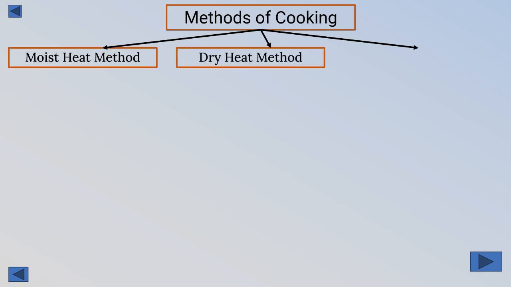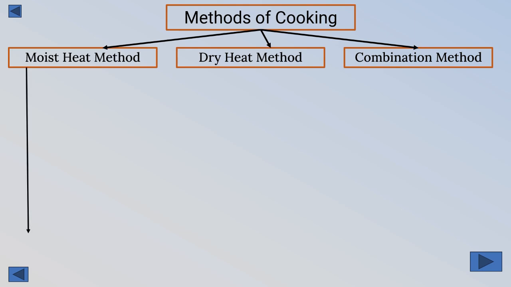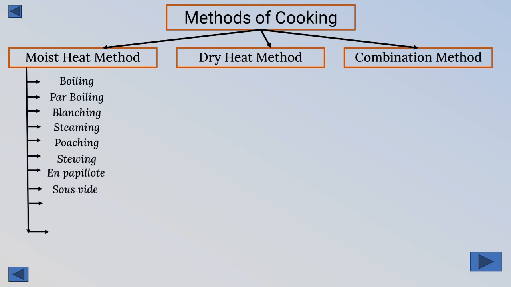It is as usual broken into three heads: one is moist heat method, second is dry heat method, third one is combination method. Under moist heat method, we have multiple methods displayed on your screen now, starting with boiling, parboiling, blanching, steaming, poaching, stewing, en papillote, sous vide, pressure cooking, and microwave. And we have discussed them thoroughly in our earlier sessions.